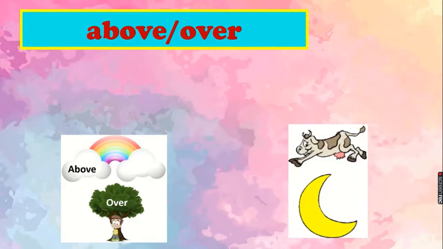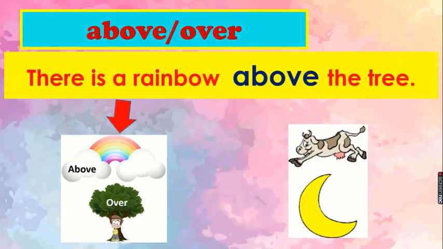where is the rainbow? Right. It's above the tree. Now, we can also say it like this.